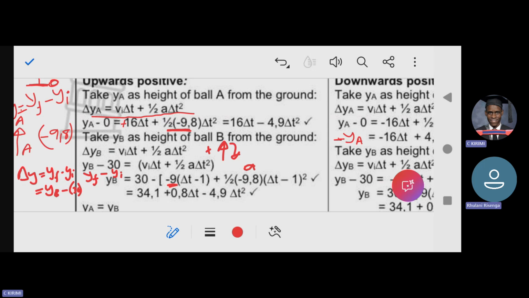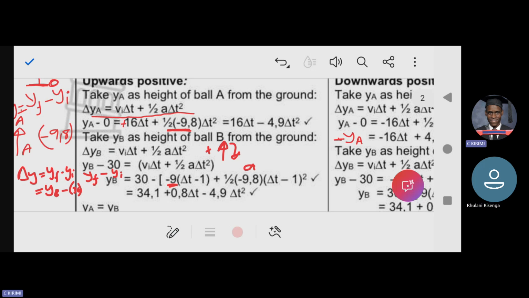Then in terms of time, remember this is a quadratic equation. If B was a second after, then the T was shifted to the right, isn't it?